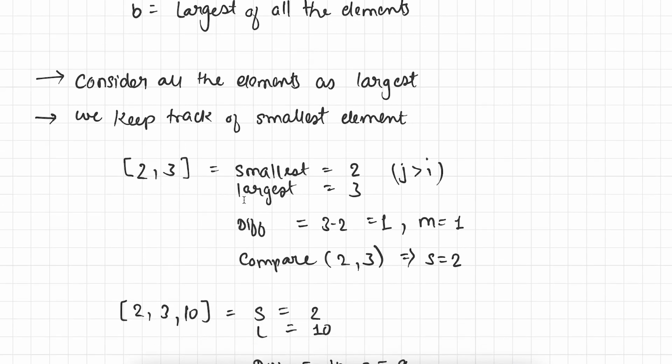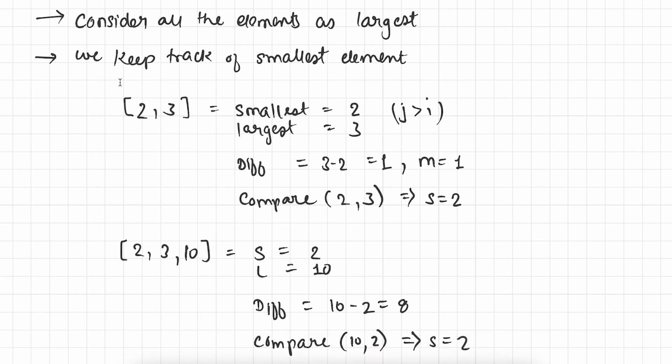So let's understand this with an example. Let's say we have two elements. We need two elements because j is greater than i, so we cannot do this with only one element. In any case we need at least two elements. So we are assuming that the smallest element is 2 and the largest element is 3.